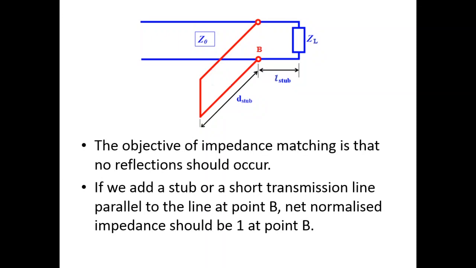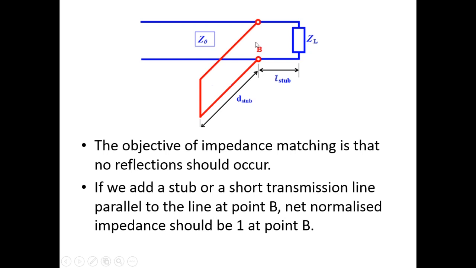And the objective of impedance matching, we know that when the impedance is matched, there will be maximum power transfer. There will not be any reflection. So no reflection means there is absolutely maximum transfer of power. So when we add a stub or a short transmission line parallel to the main transmission line at any point, let the point be B, then the logic behind the stub matching is that B is selected such that the normalized value of input impedance will be 1, or that Zin will be equal to Z0.